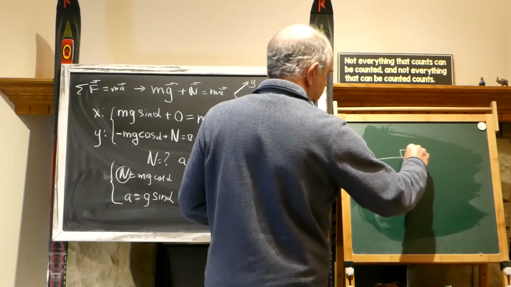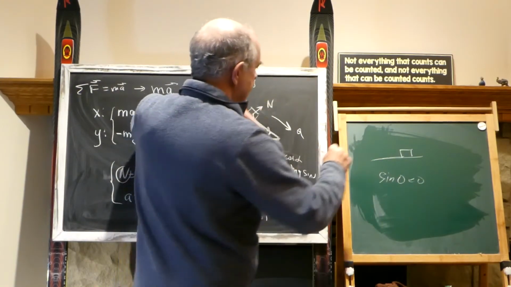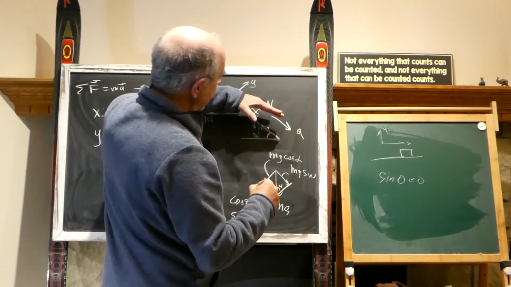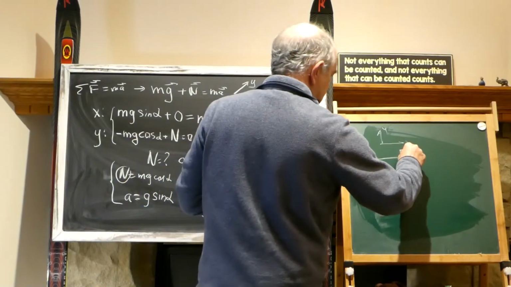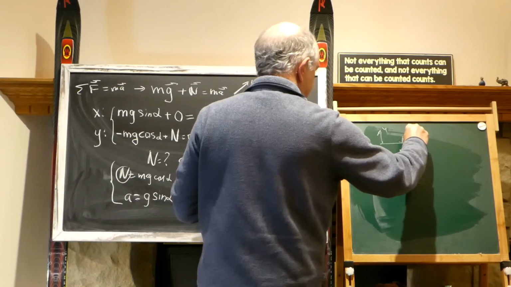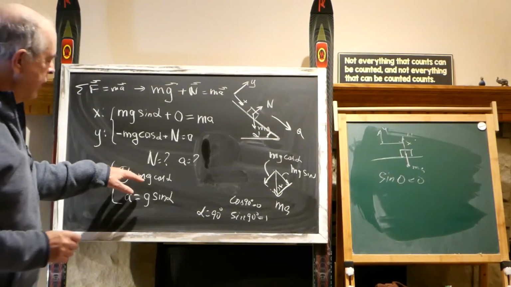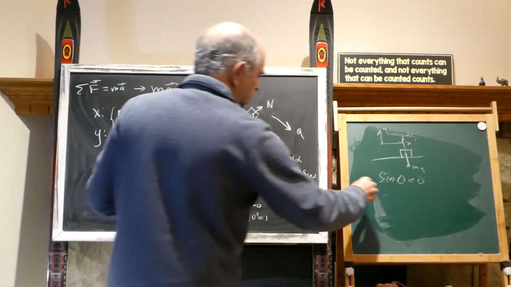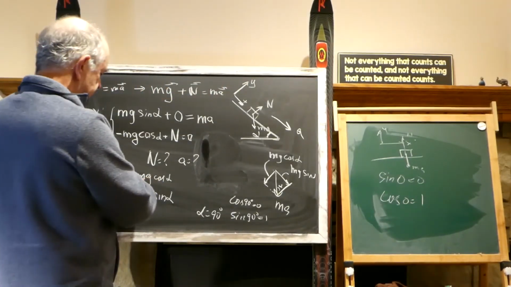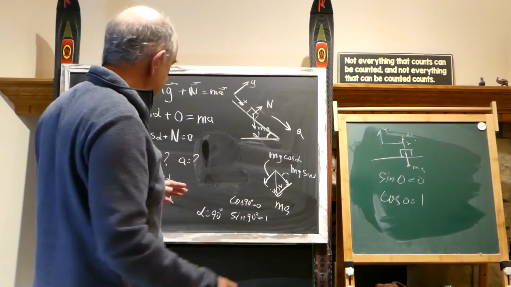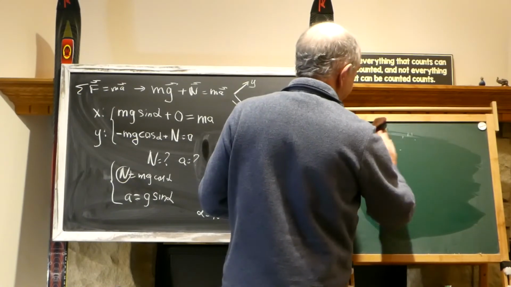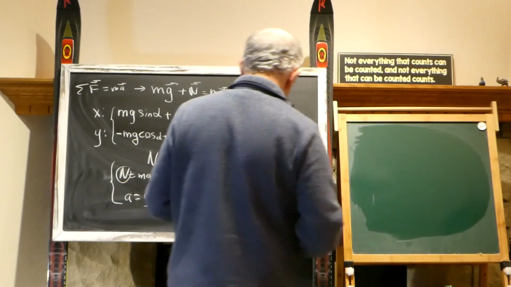And this is just a body standing like this. This is y, and this is x, and my incline becomes horizontal, and this is mg, and this is N, and they are compensating each other. Cosine 0 is equal to 1, and so this becomes N equal mg. Everything is balanced, no acceleration. So the results that we obtained make some sense.